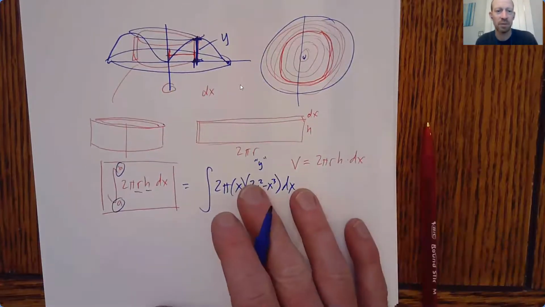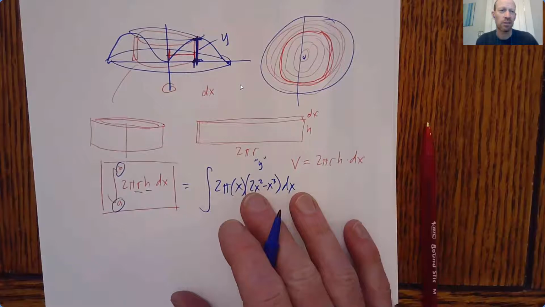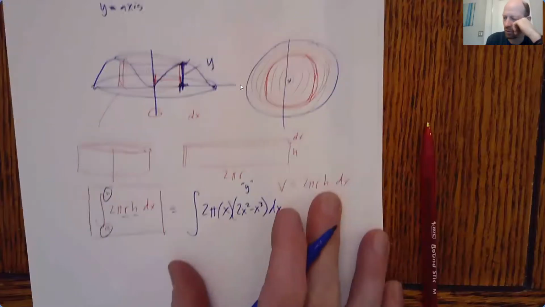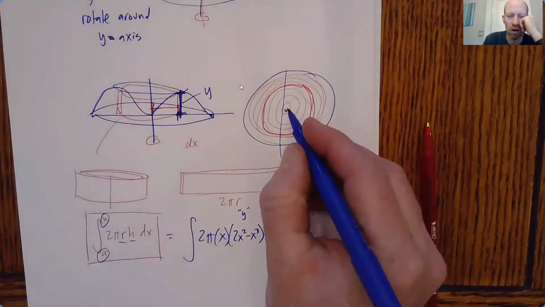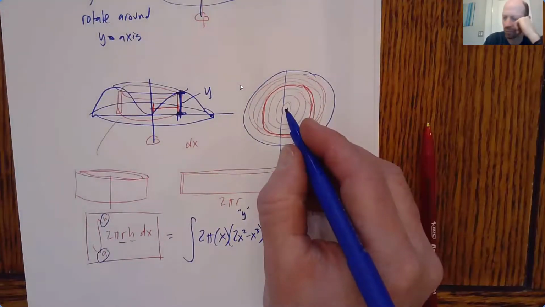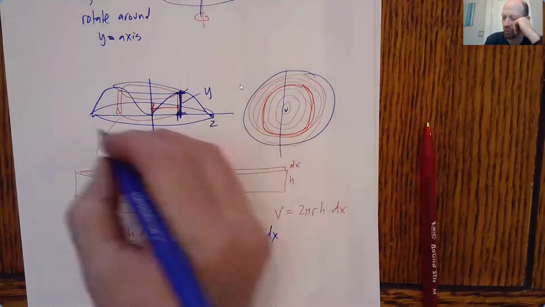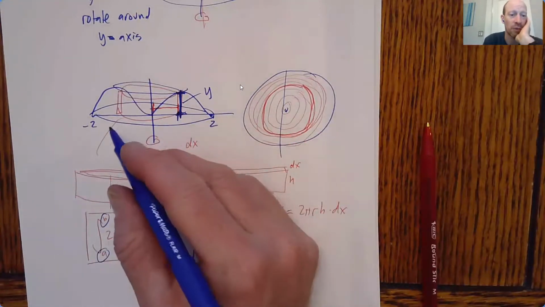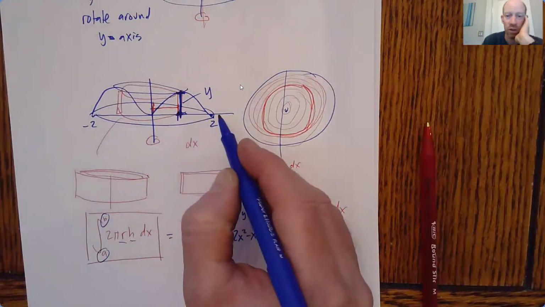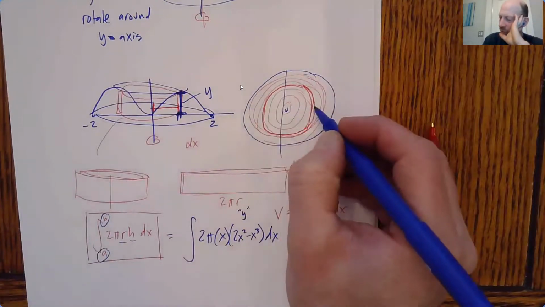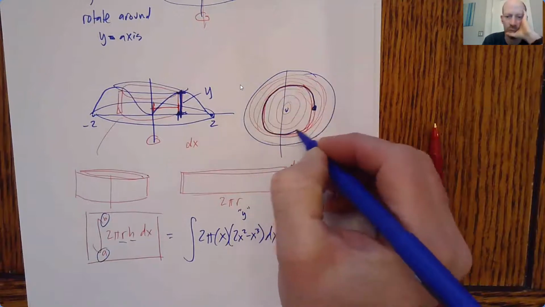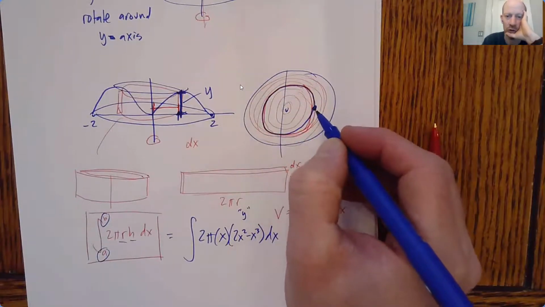Okay, so the last piece is the bounds. And there's a little change in thinking here with the bounds. If I want to add up all of these, this value is 2 and this value is -2. So there's a tendency to say I want to go all the way from -2 to 2. But remember, at this x value, I'm getting this whole ring, this whole circle.